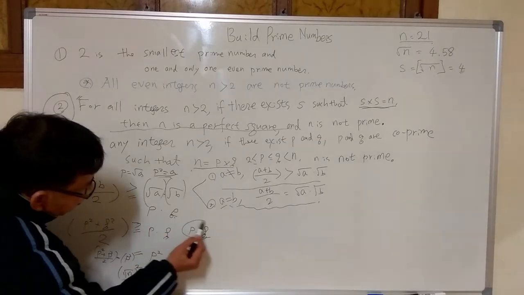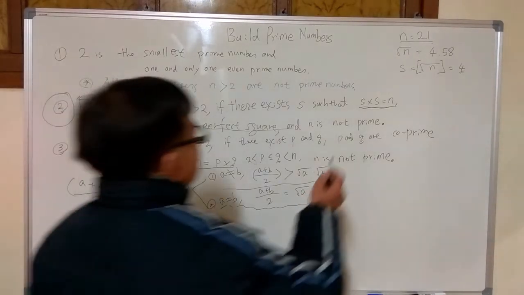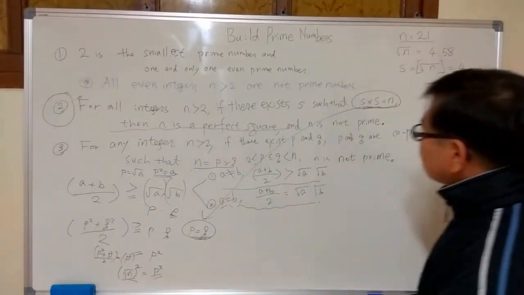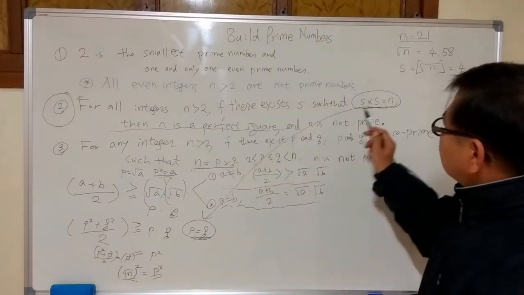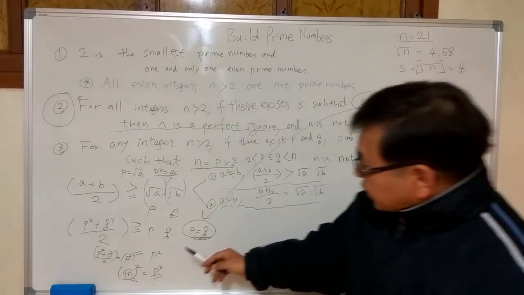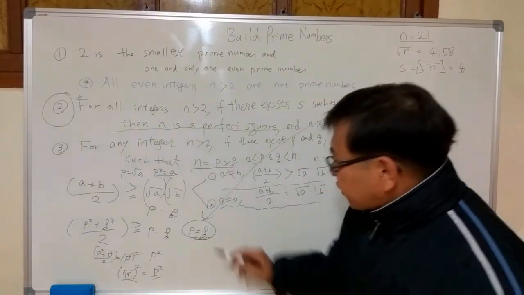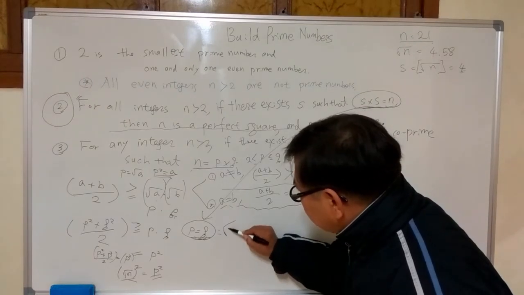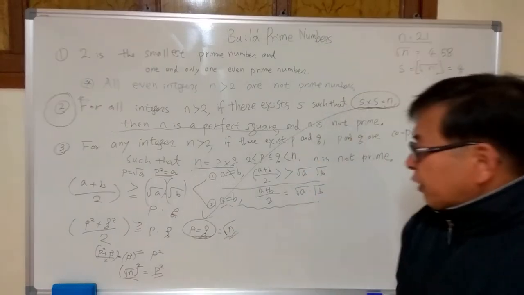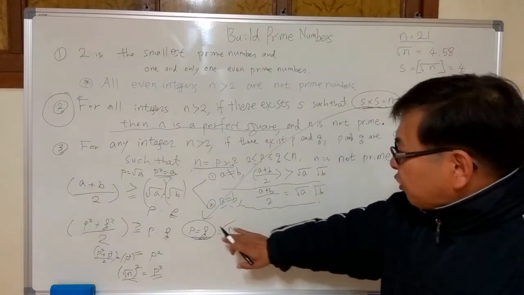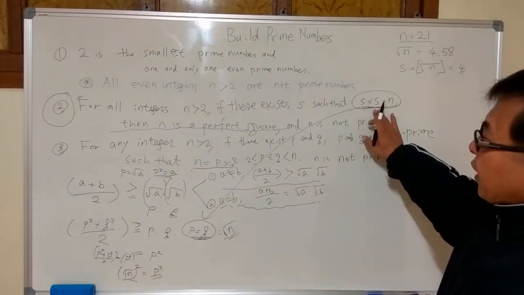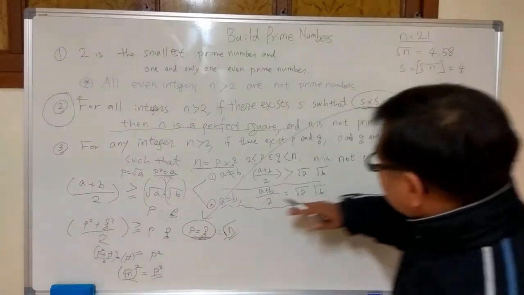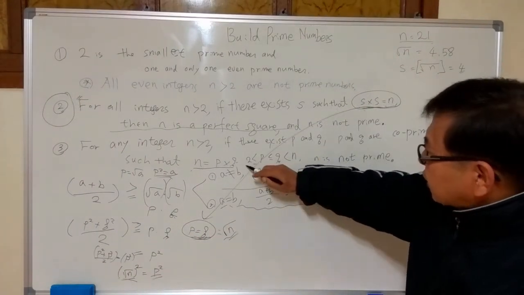So this is the maximum that P and Q can take. If P and Q are in the maximum case, we are not including it in this equation.